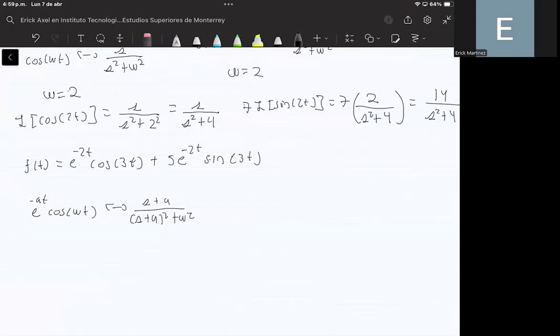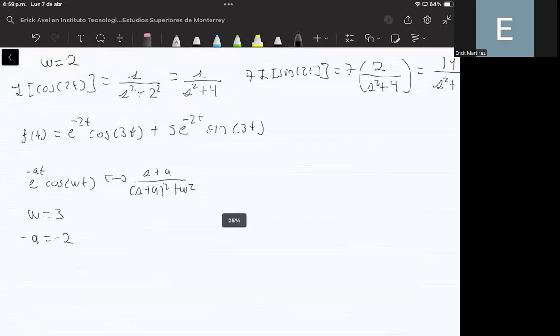Okay, so omega is equal to 3. If you compare these two, you can see that omega is equal to 3. And also, we can see that minus a should be equal to minus 2. And we can now compute the Laplace transform of the first term.